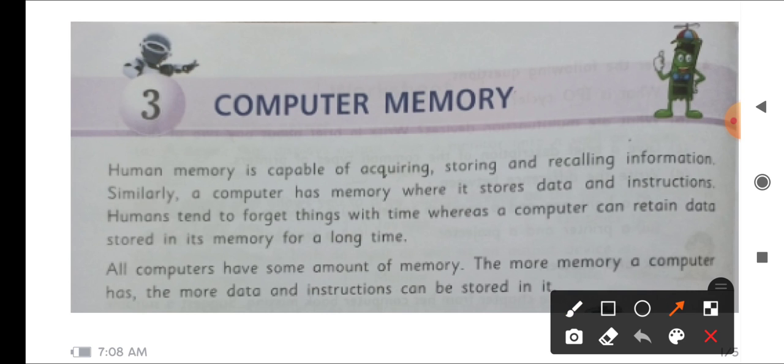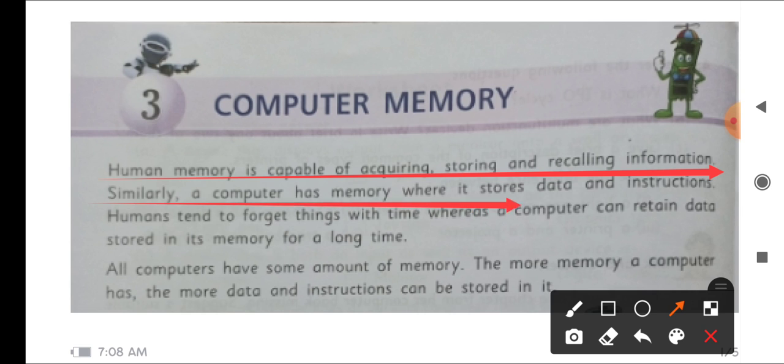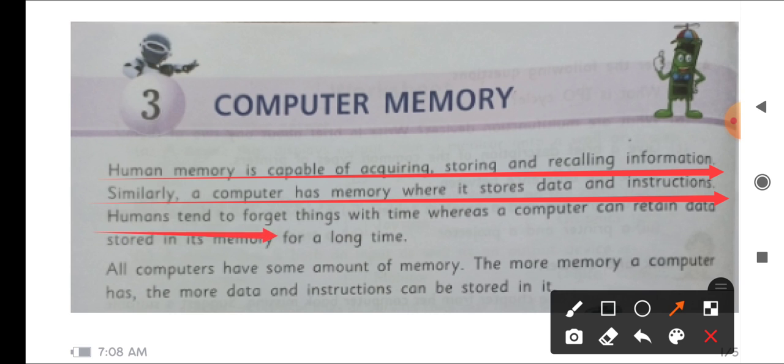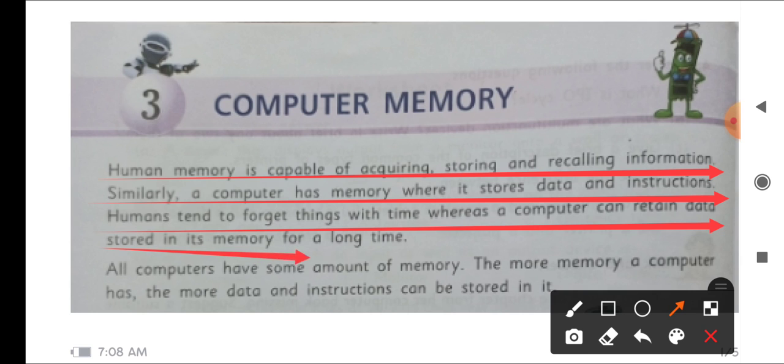Human memory is capable of acquiring, storing, and recalling information. Similarly, a computer has memory where it stores data and instructions. Humans tend to forget things with time, whereas a computer can retain data stored in its memory for a long time.